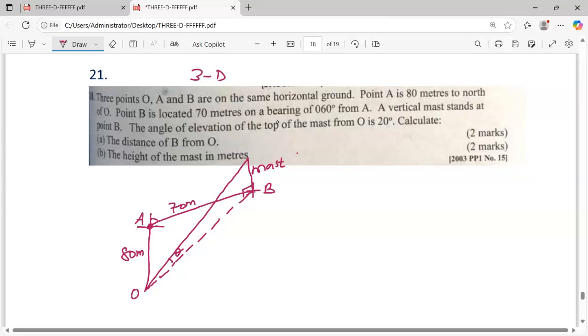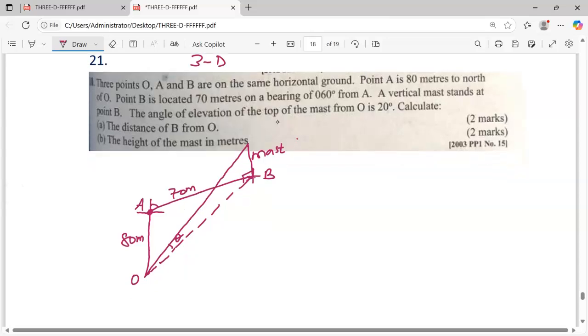So for us to get the distance BO, we are going to use the triangle ABO, and this triangle looks like this. We have O here, we have A, and we have B. The total of this angle at A is going to be 90 plus 30, giving us a total of 120 degrees.